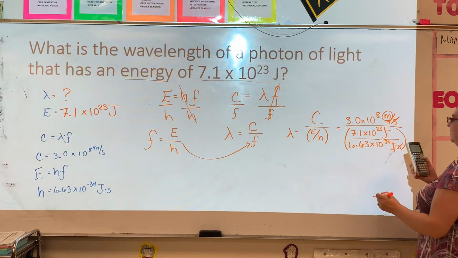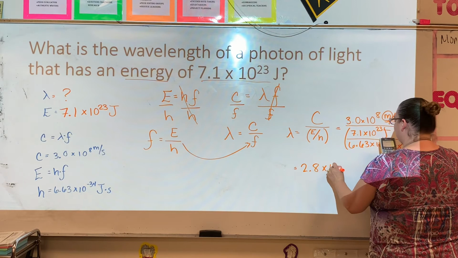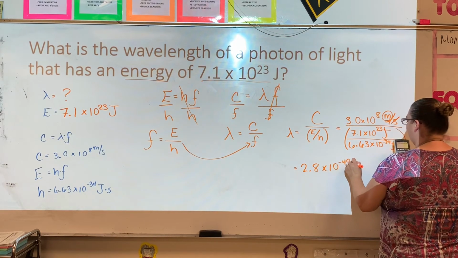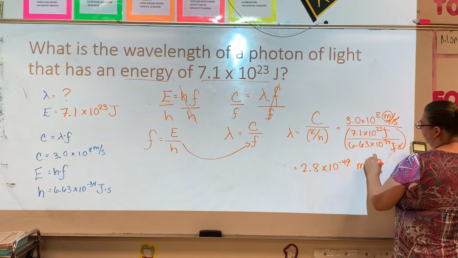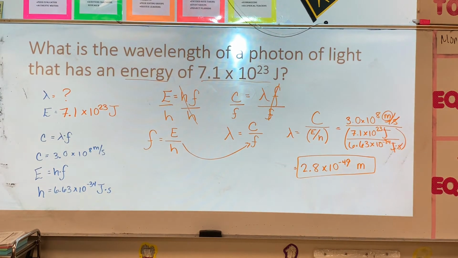And that should get you 2.8 times 10 to the negative 49th meters. Okay? So that's one way of doing it. That's the algebraic way of doing it.